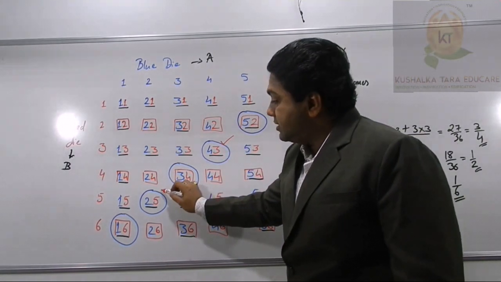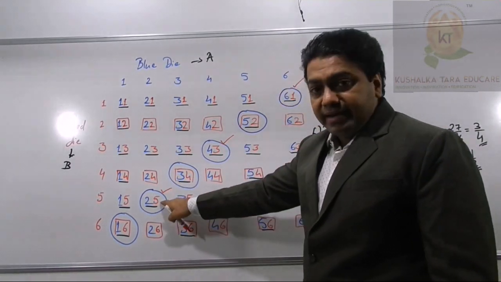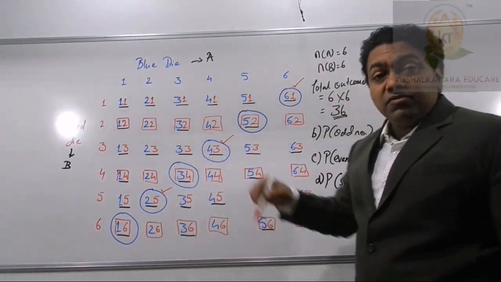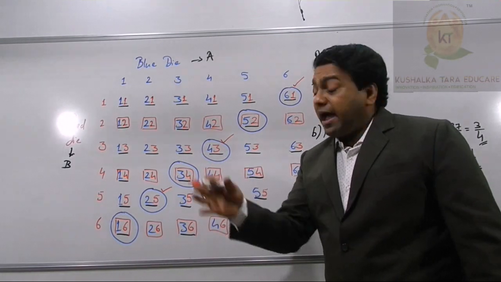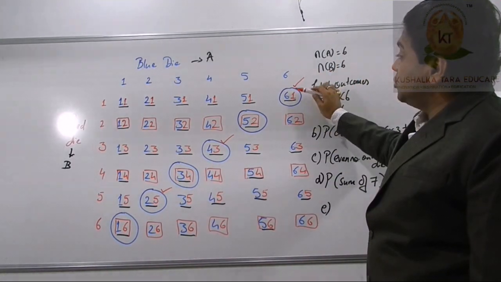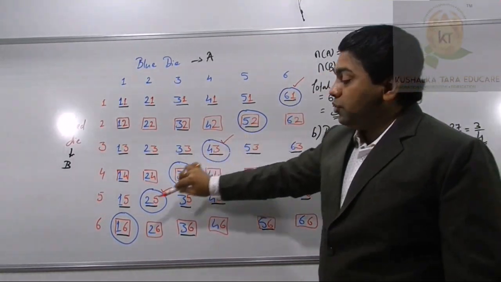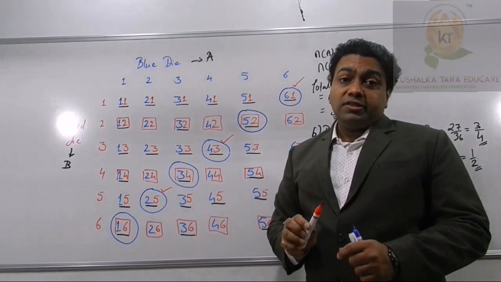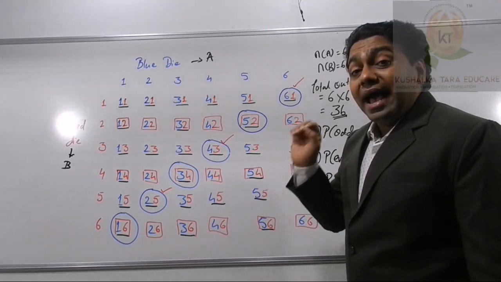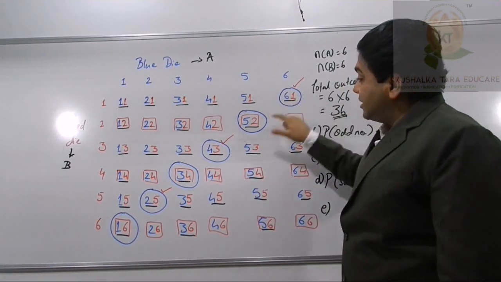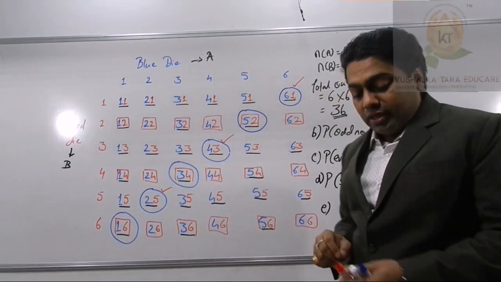I have this, and this, correct? Sum of 7 or an odd number on the red die. So how many such occurrences do you have? 1, 2 and 3. Only 3 occurrences, where the red die shows 1, 3 and 5.